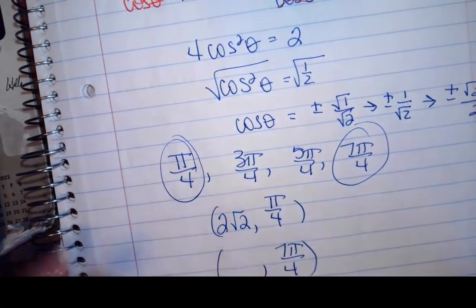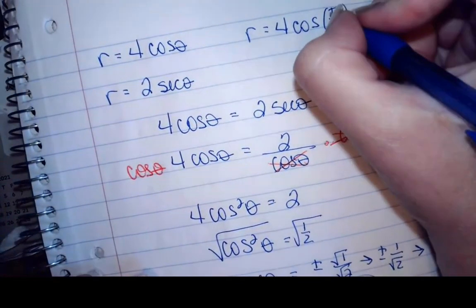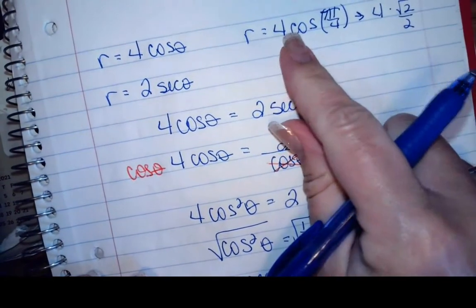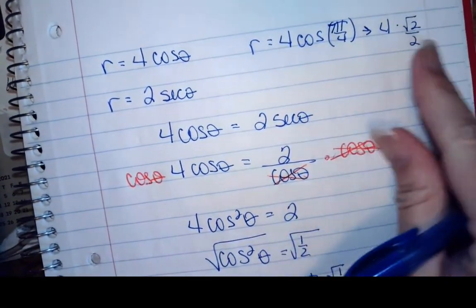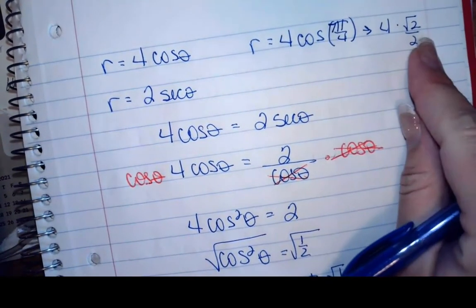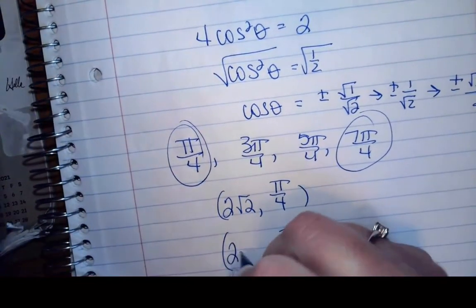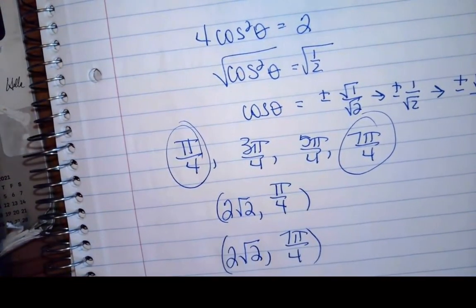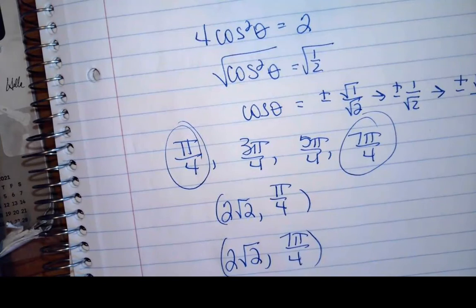Now I need to do it for 7 pi over 4. So 4 times the cosine of 7 pi over 4 gives you the same cosine, because you're in quadrant 4, where x's are positive, so it reduces to a radius of 2 root 2. So you may now do the rest of these.